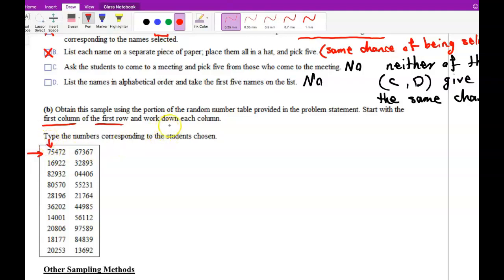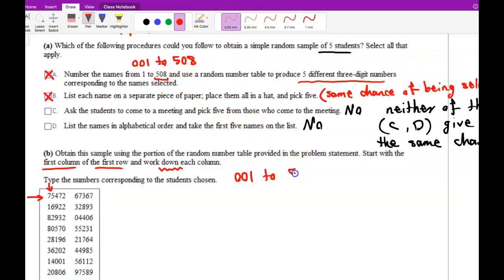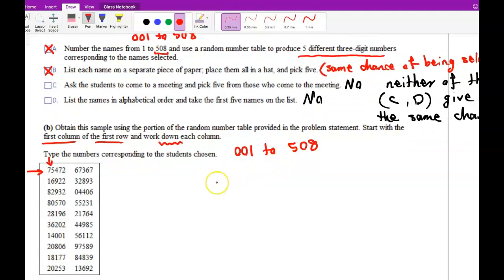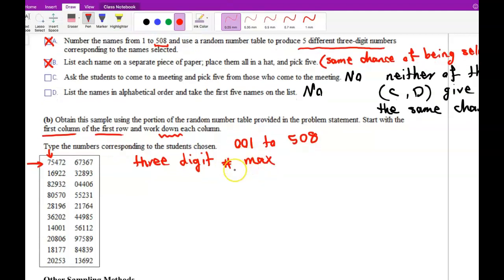So it's that one. And work down each column. Type the numbers corresponding to the students chosen. As I said, here we have max 3 digits. It's starting from 001 to 508. So it's a 3-digit number max.